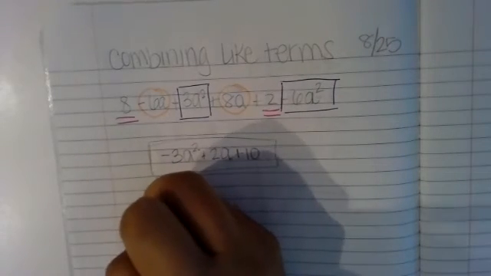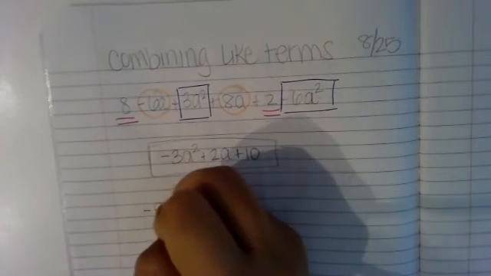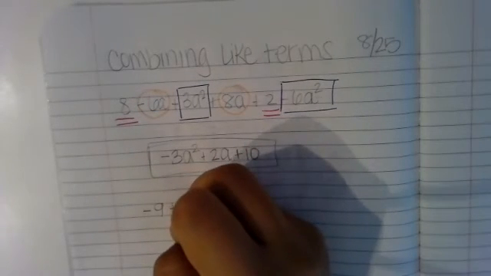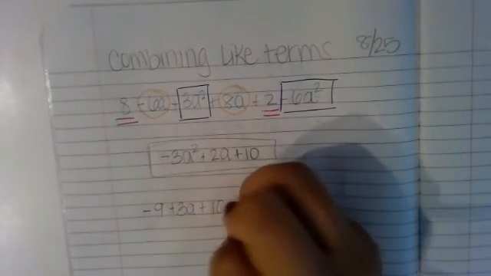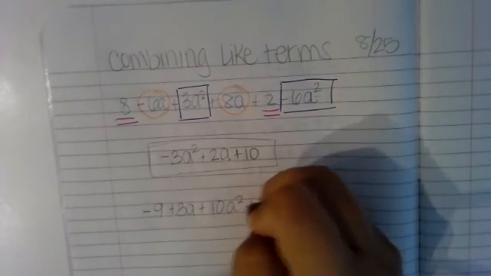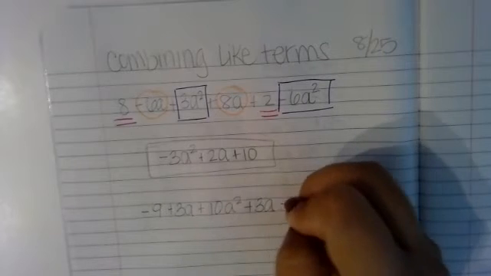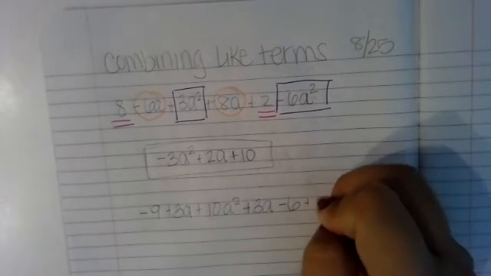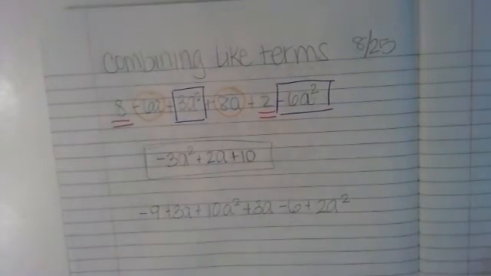Here is example number 2. I have negative 9 plus 3a plus 10a squared plus 3a minus 6 plus 2a squared.